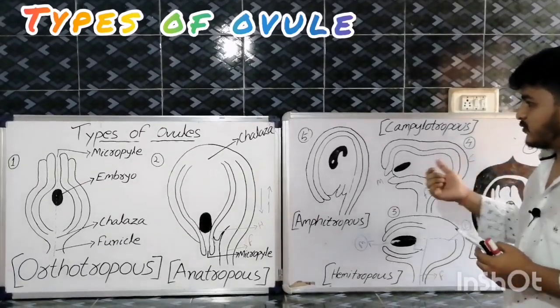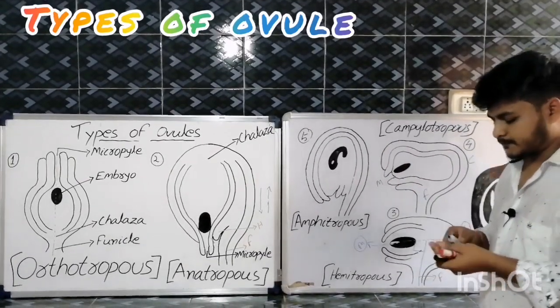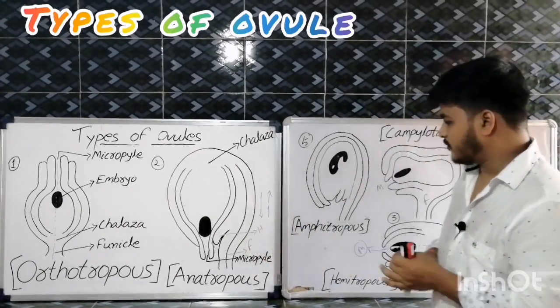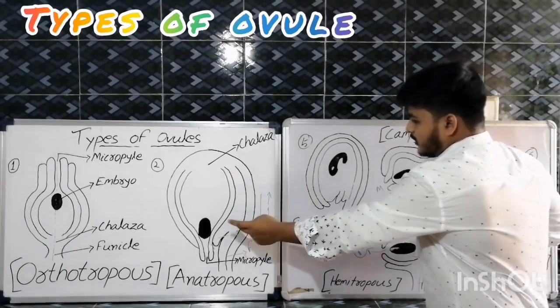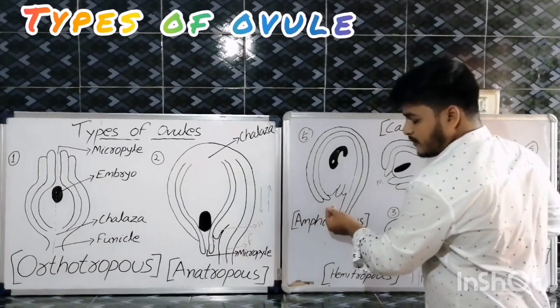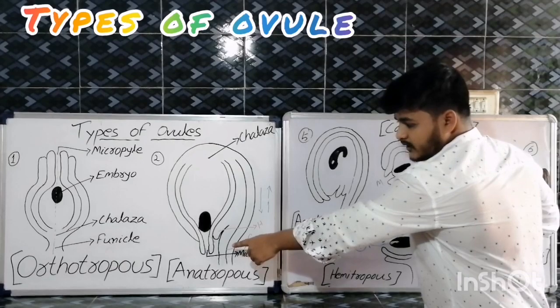So next we are going to study our amphitropous ovule. The amphitropous ovule looks just like your anatropous ovule, but a single change has occurred. The micropylar end is towards the lower part, that means the integument opening is in the lower part.